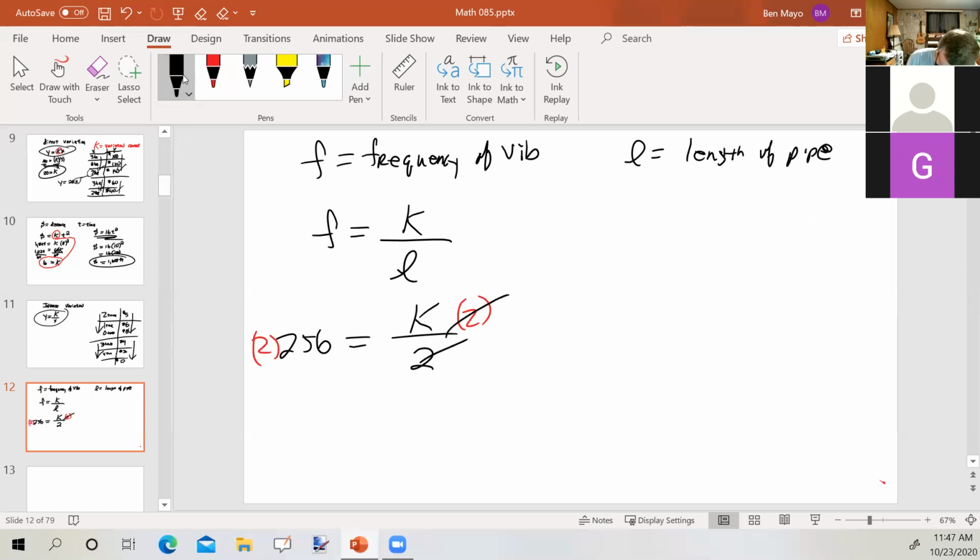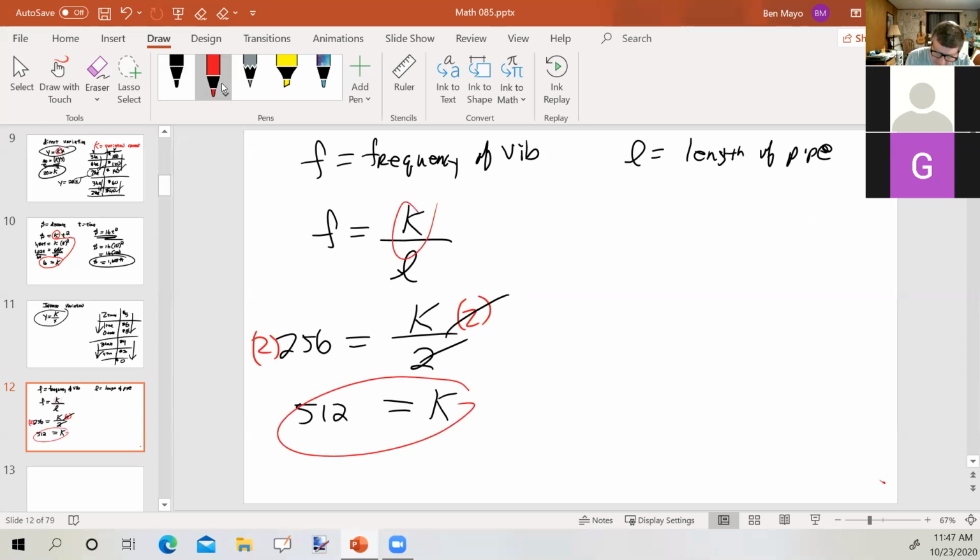On the right side, the 2's cross out. On the left side, we get 512. So k is 512. So now our formula becomes that. Just like in the last example, we determine k, and we put that into the formula. Now we've got our general formula for this problem.